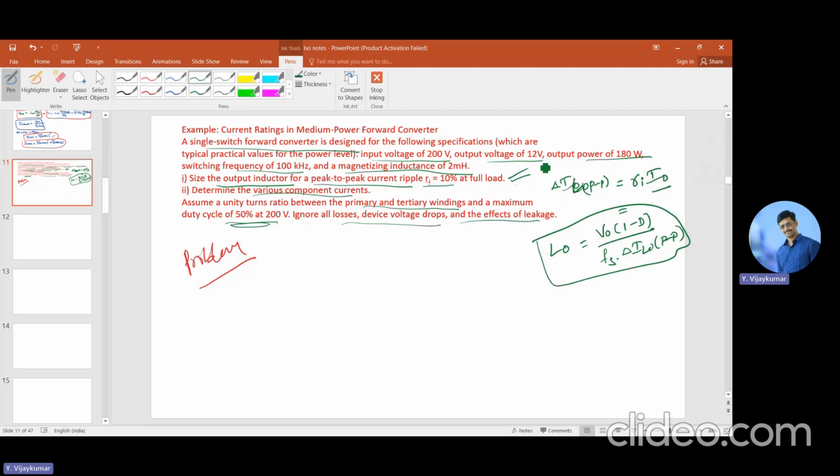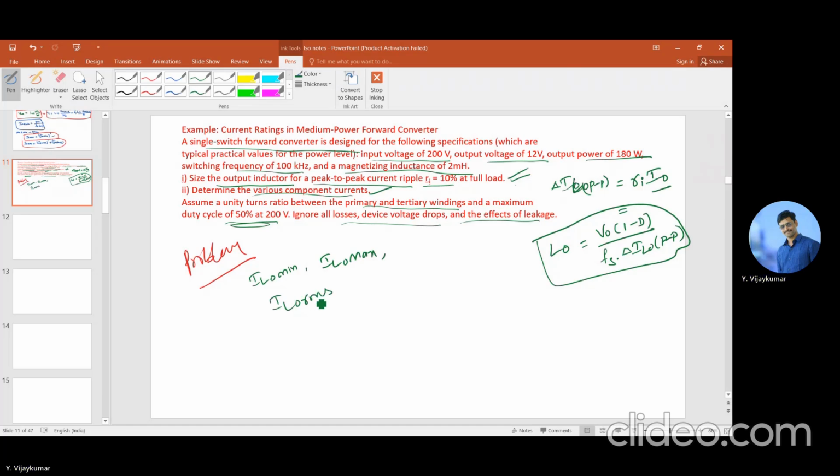Secondly, we are asked to determine the various component currents. We have discussed the different currents: IL naught minimum, IL naught maximum, and IL naught RMS.